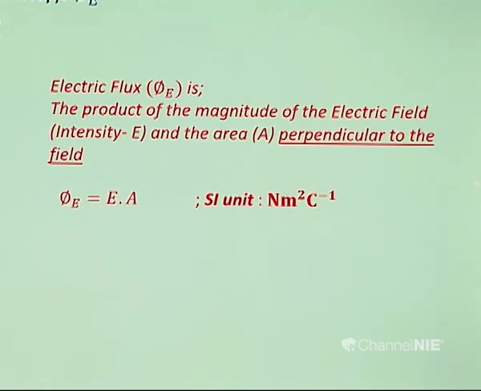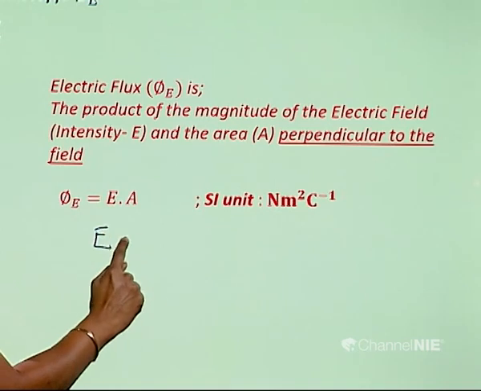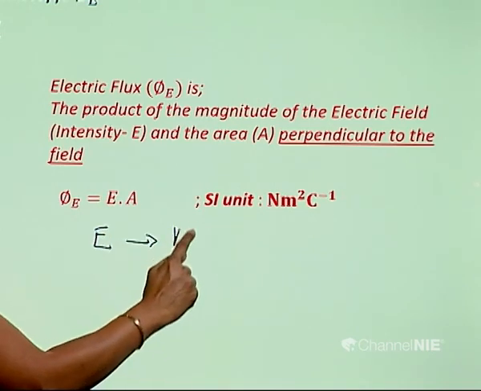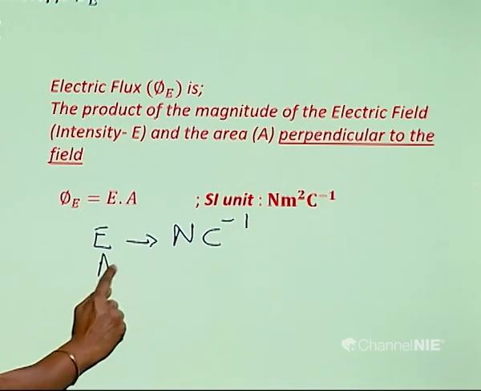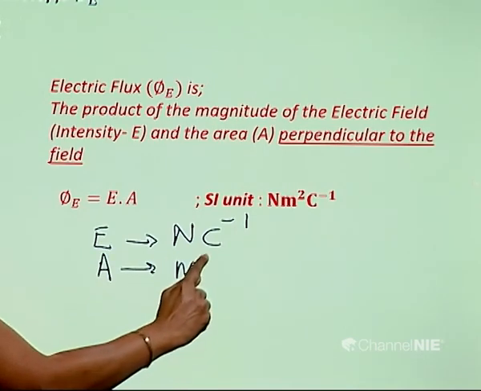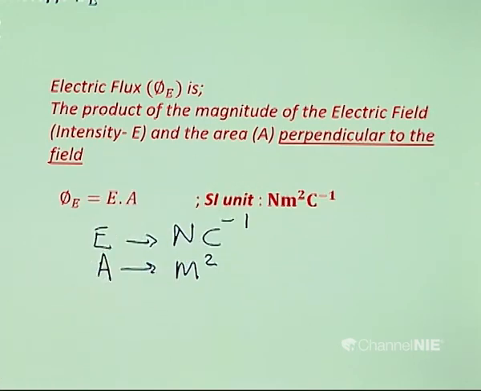If we take the unit of E, the SI unit would be newtons per coulomb, and the unit of A is meter squared. So, E times A gives us the SI unit newton meter squared per coulomb.